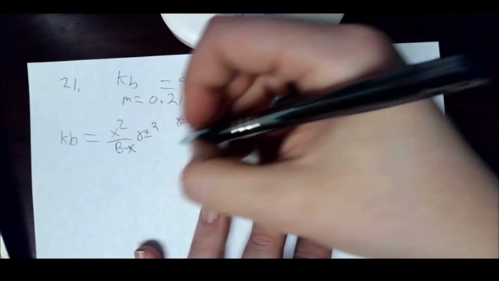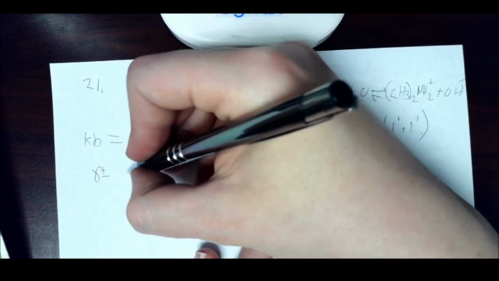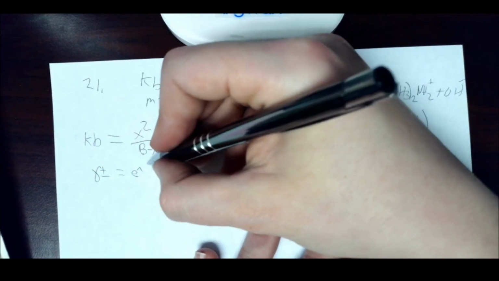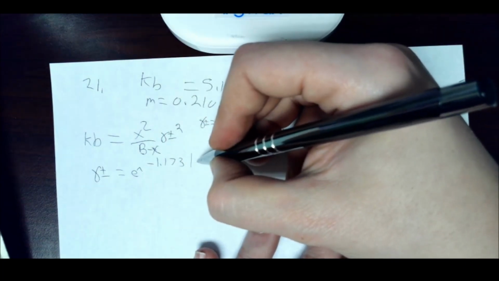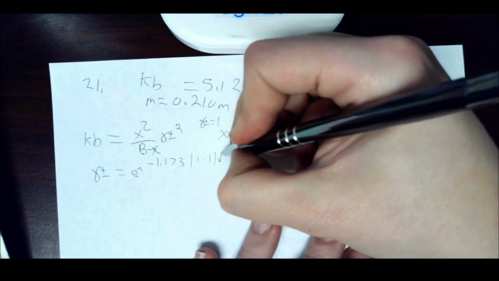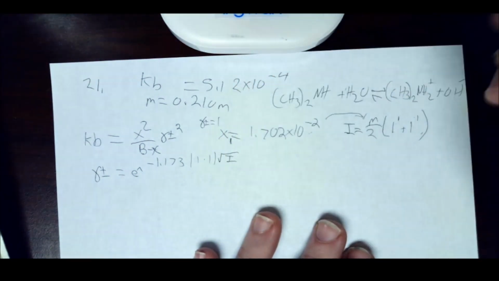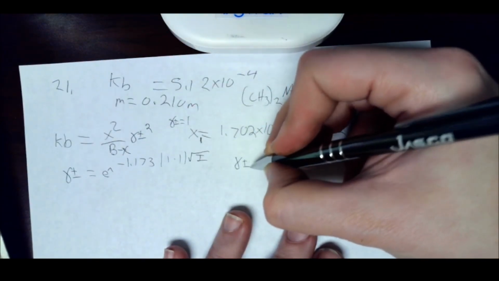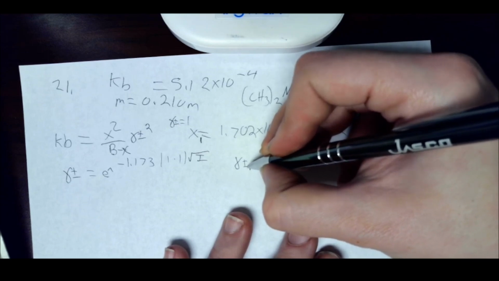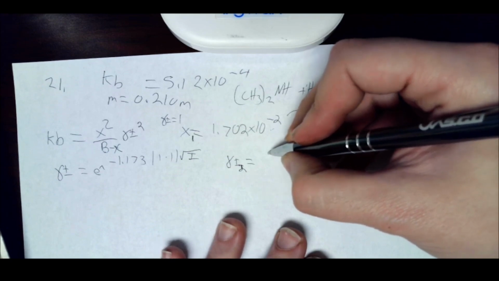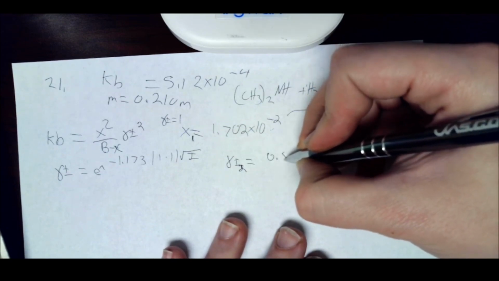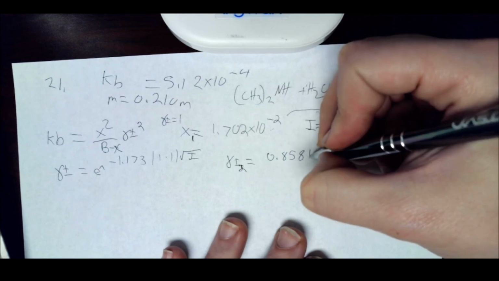So I is also equal to x. Now our y plus or minus is, of course, equal to the exponential of negative 1.173 times the absolute value of 1 times 1 times the square root of our I. And we just got our I from there, so our activity coefficient that we're going to use for the second iteration is going to be dropped surprisingly to 0.85812.